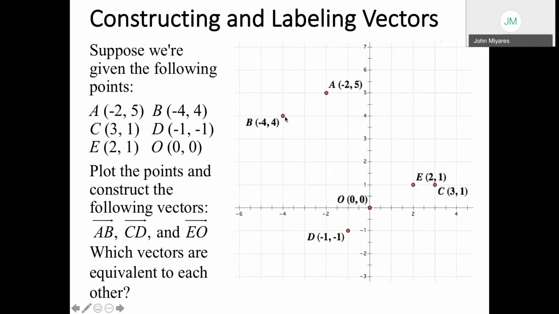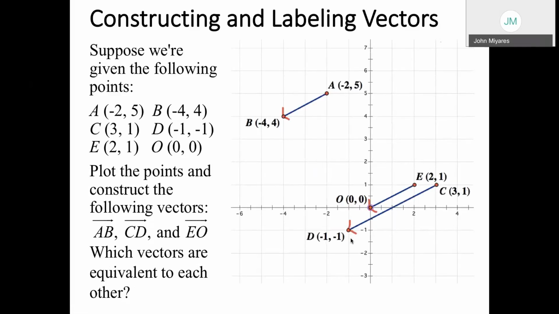Similarly, for vector CD, I want to start at point C and continue to end at point D. And for EO, we will start at point E and continue to the end at point O, which is the origin. That's going to give us these 3 vectors you see here.